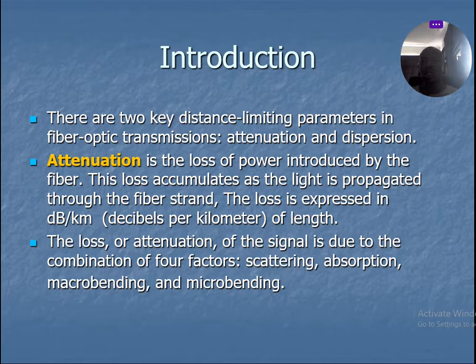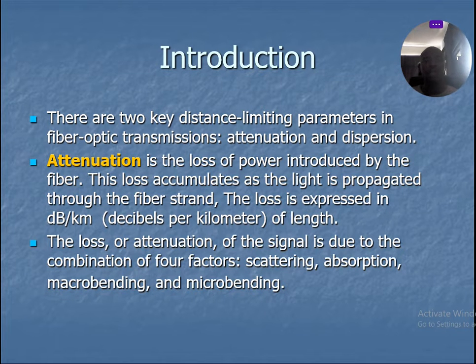It's getting bigger, and the longer it goes, the bigger this loss gets, because as it moves through the optical fiber, the more the distance that the light is propagated through, the more the loss that is taking place. So that's why we rate our channel capacity, or the strand capacity, based on the decibel per kilometer.